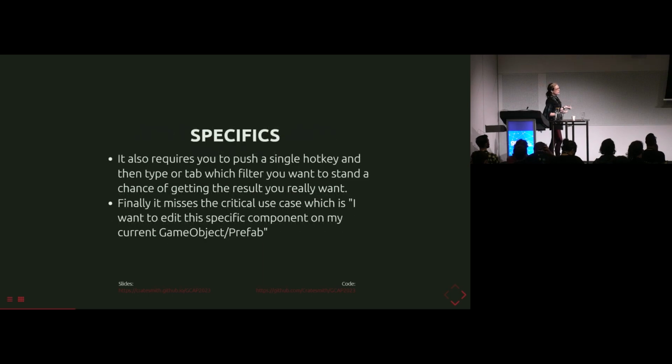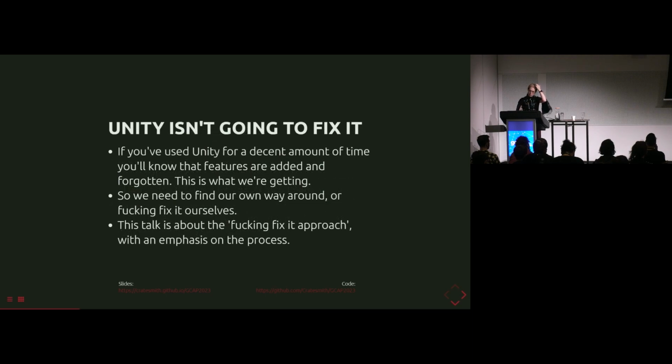The specifics are that it requires you to push a hotkey and then type out a text filter or tab to the particular provider that you want, in order to filter to the items that you're actually after. And it also misses a really critical use case for me, which is I want to select components in my selected game object or game objects and children, and I want to pre-fill that list so that I don't have to browse through the inspector.